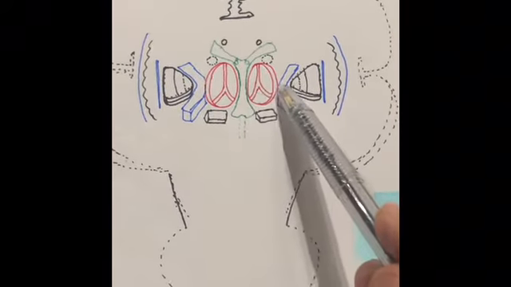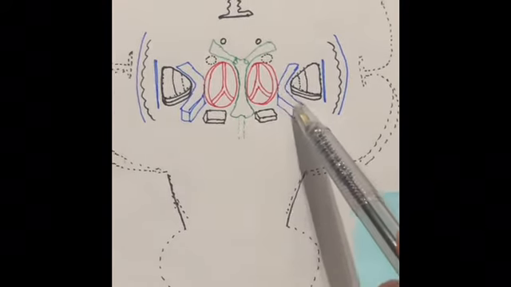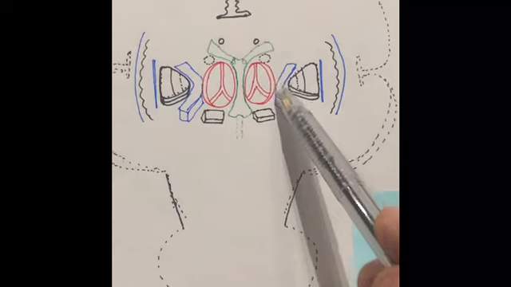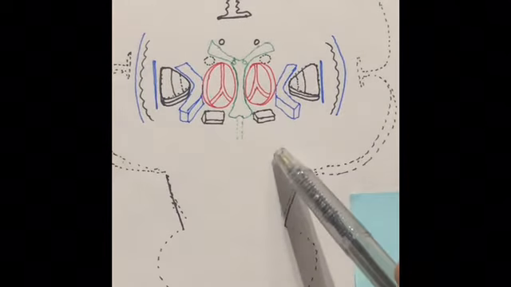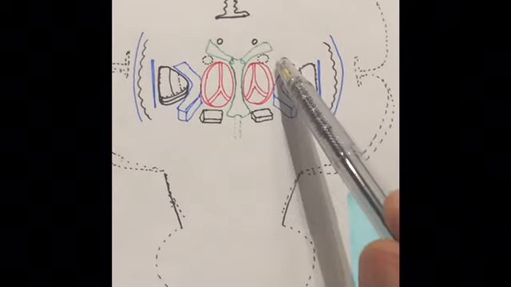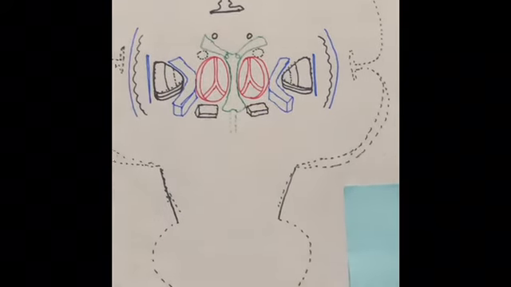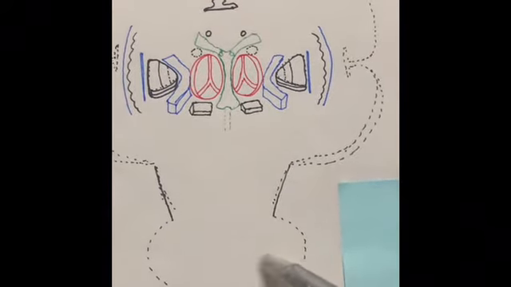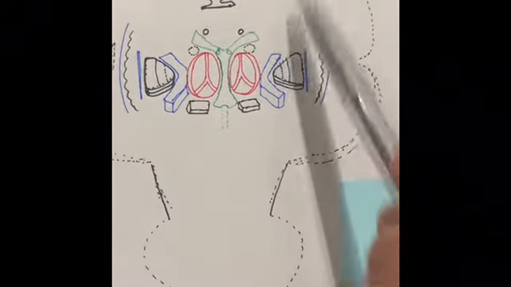And lateral to the thalami, there is another structure, which is the internal capsule. The internal capsule is formed by the fibers, the white matter, coming down from the cortex to the body, or from the body, the brainstem, the spinal cord, upward to the cortex.